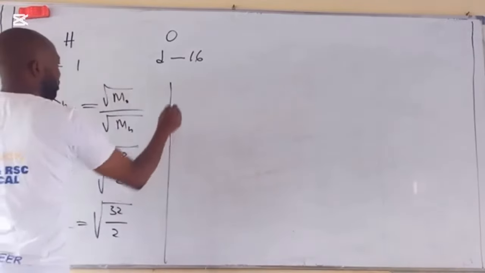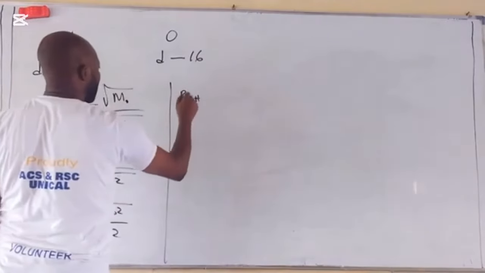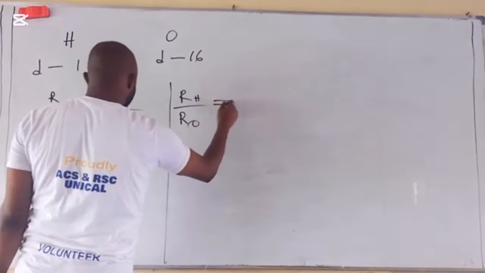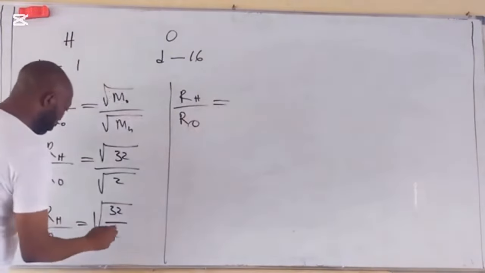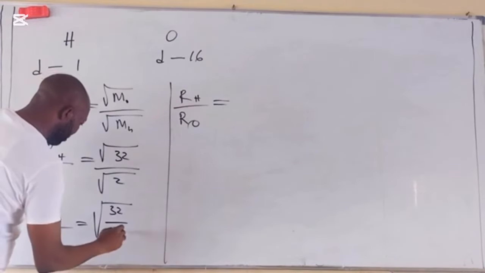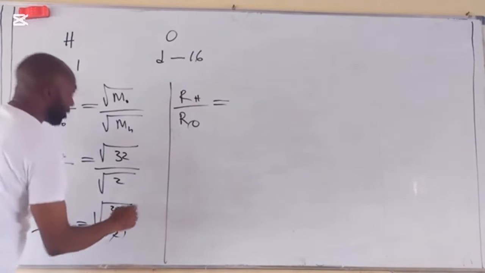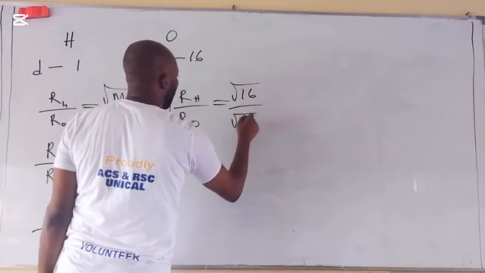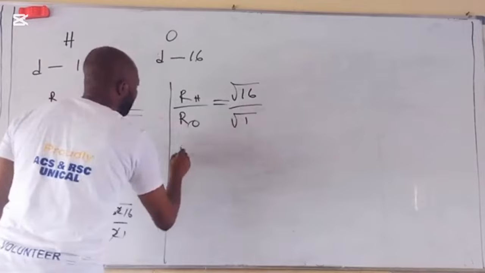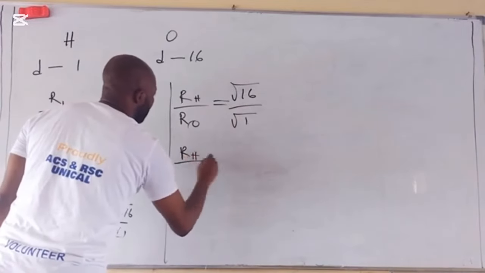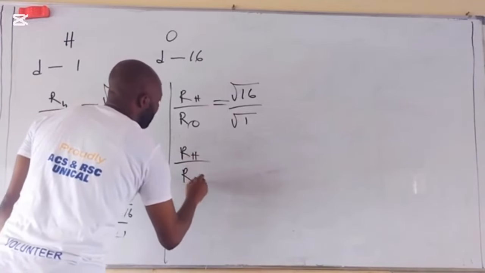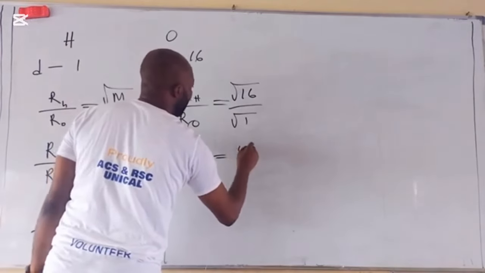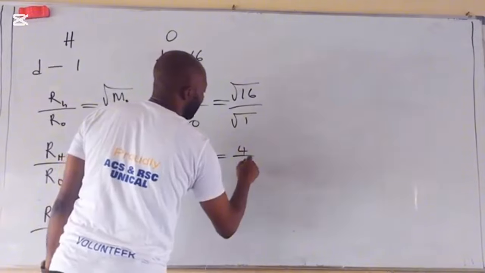This one goes here 1 time, it goes here 16 times. So this becomes the root of 16 over the root of 1. The root of 16 is 4, and this one is 1.